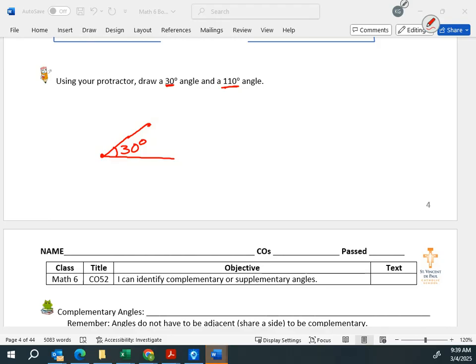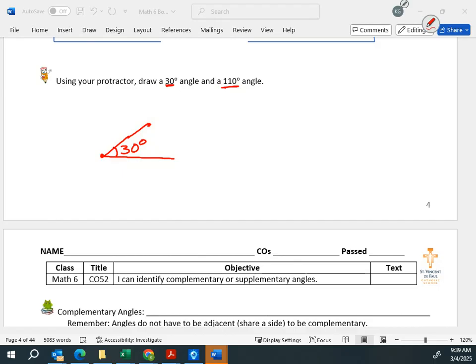Do a dot for your vertex, do a straight line on the bottom of the angle, then put your protractor on it, find your 110 degrees, line it up with your vertex and draw your line, and label the 110 degrees. And make sure it's obtuse, because 110 is bigger than 90 degrees. Does that make sense? Any questions?